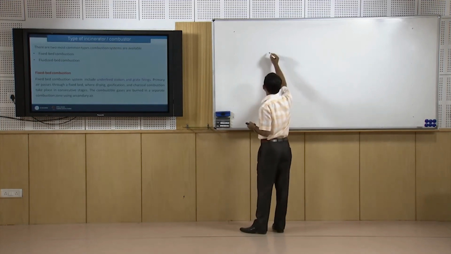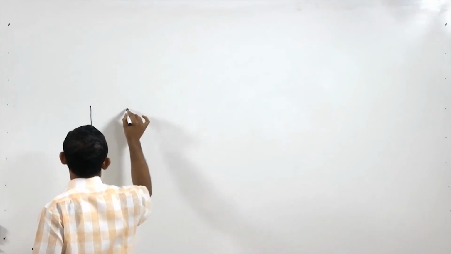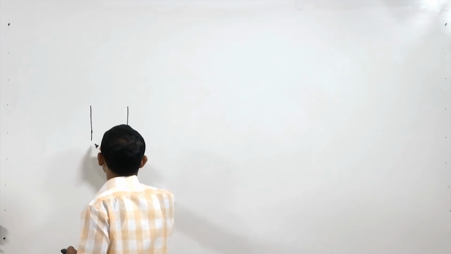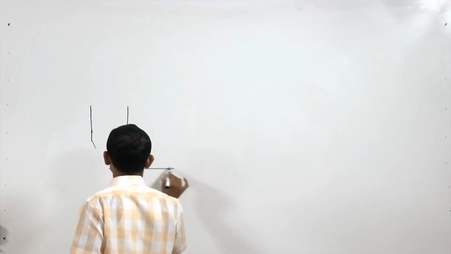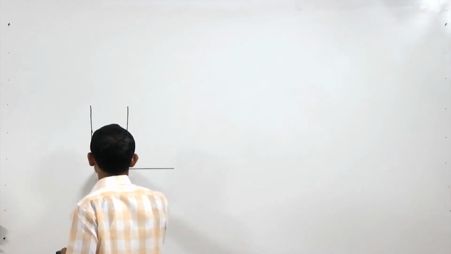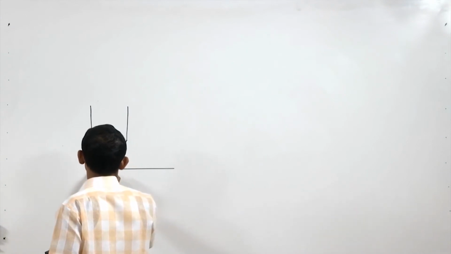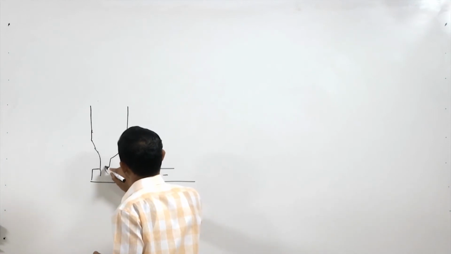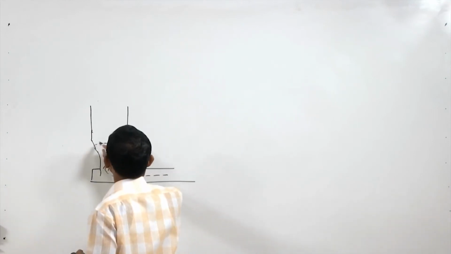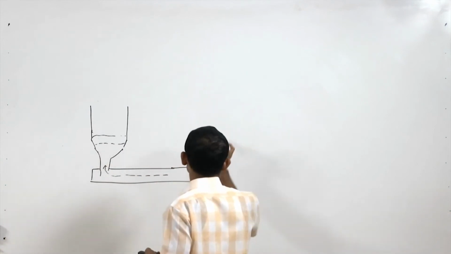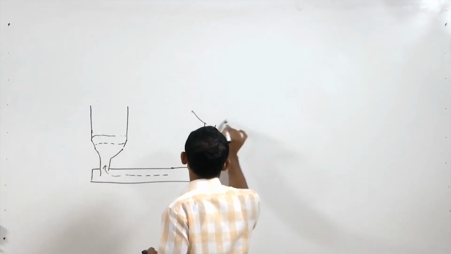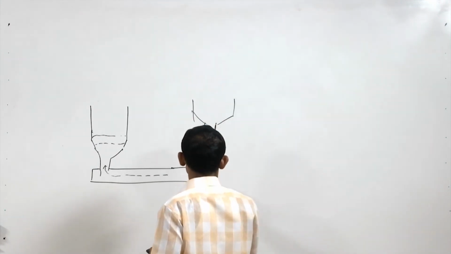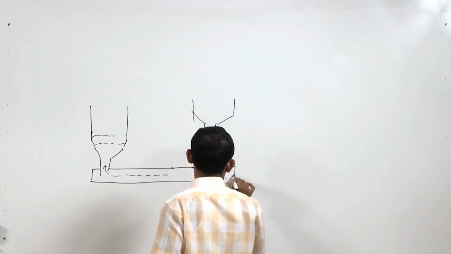Underfeed stokers means, if we have one combustion zone, from the bottom the material will come and go up. Here we have a hopper, the material is coming down and some screw arrangement is there.